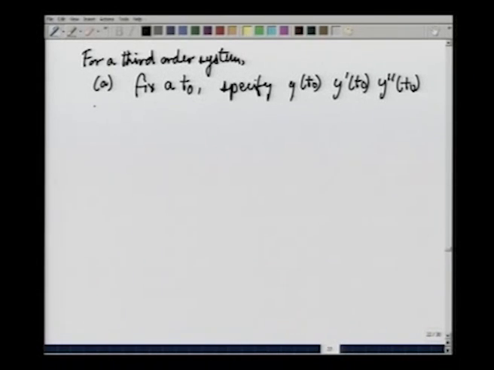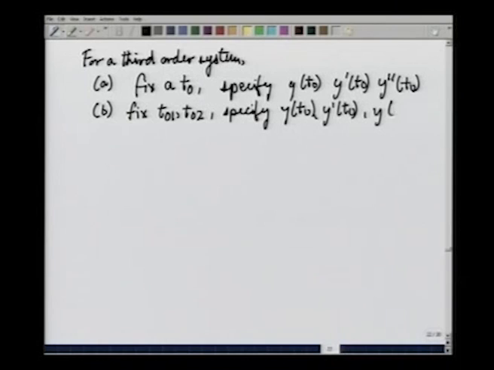You could choose B: fix t01, t02, specify y of t01, y dash of t01 and y of t02.